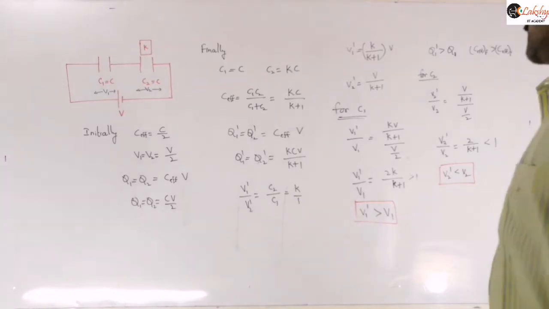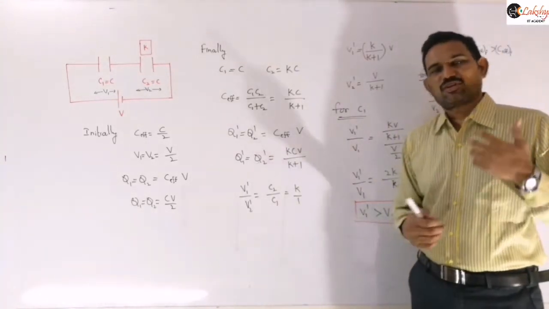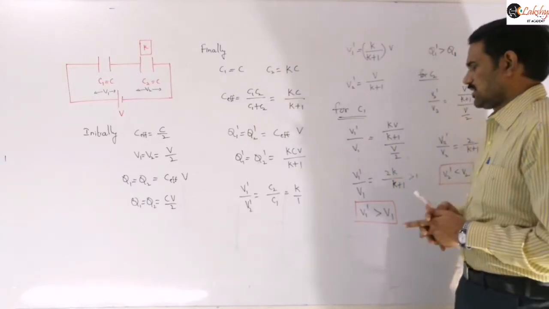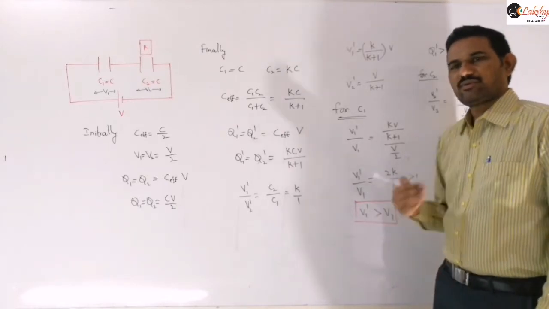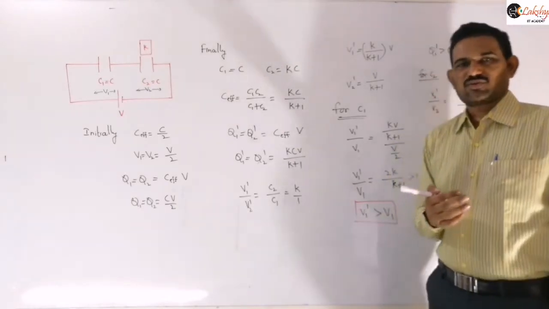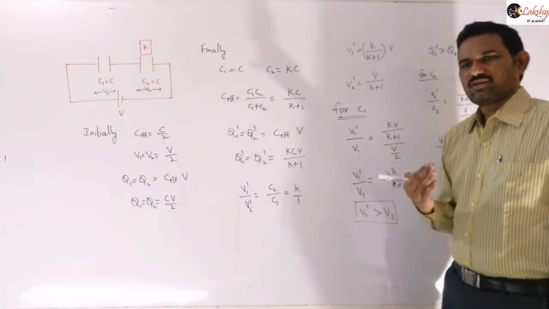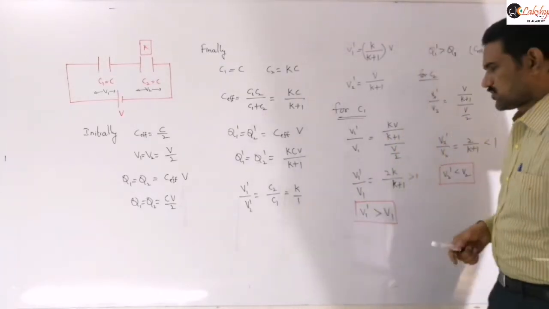Now you can observe these ratios, because sometimes, as I said, they will ask whether the potential difference is increasing or decreasing across that particular capacitor. Just by taking this ratio we can observe that, and in general the K value will be greater than 1. That means the dielectric constant of a dielectric is greater than 1. For air it is approximately 1, and for any other medium the dielectric constant will be greater than 1.